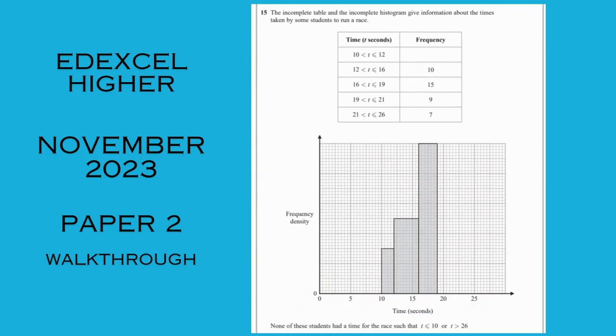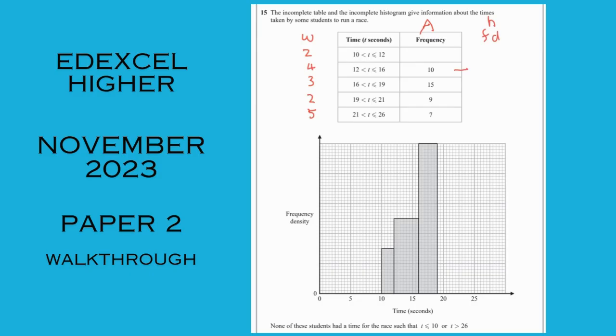Speaking of not the nicest, bit of a messy one here. So, for histograms, always think about area, length, width, height, all that malarkey. So widths of each bar, make a note. Frequency means area, and frequency density means height.